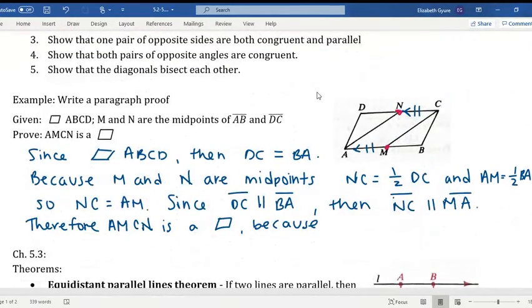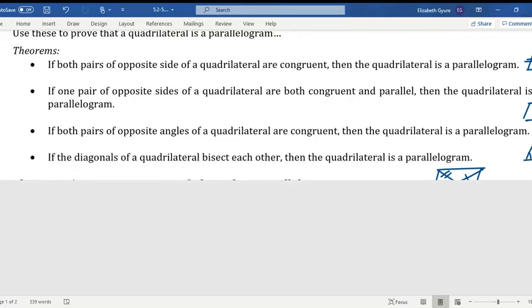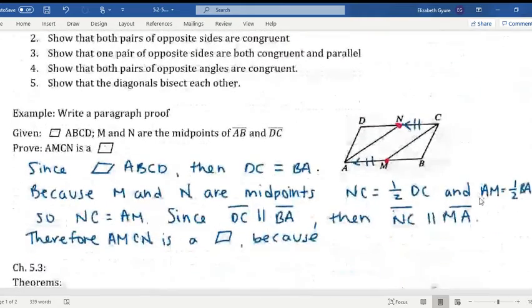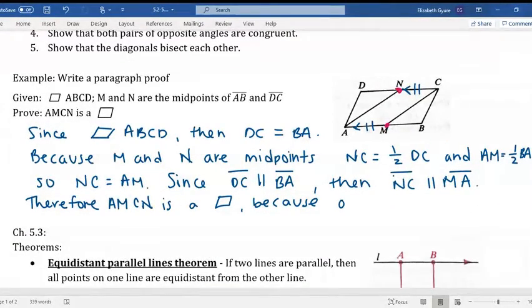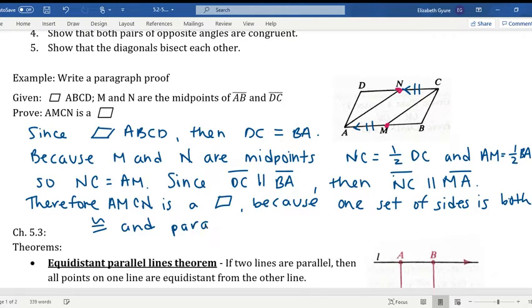You don't have to write out the full statement. I would find a way that you like to abbreviate that. So because one set of sides is both congruent and parallel. Good.